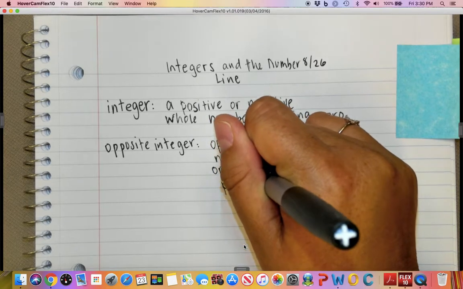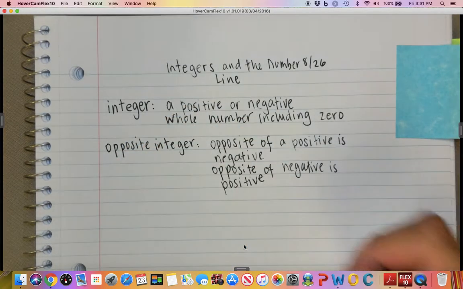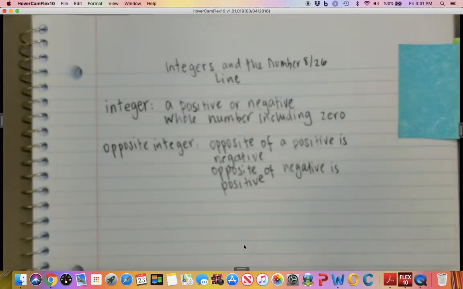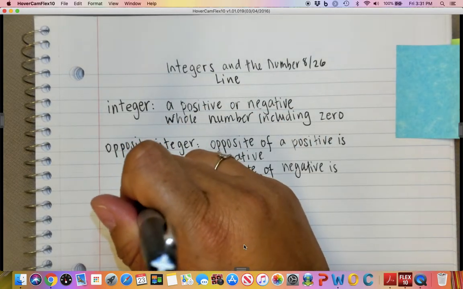And we know that because of the distance it is from 0. 0 is our middle. So we're going to draw an example. And this is where I use my highlighters.